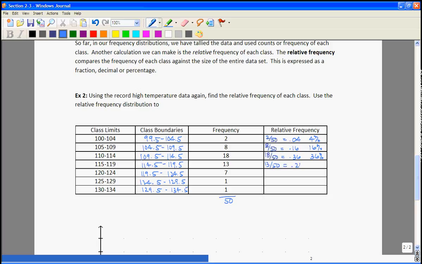We have 0.26, or 26%, 0.14, or 14%, and then these two will be the same, 0.02 or 2% for those last two classes.